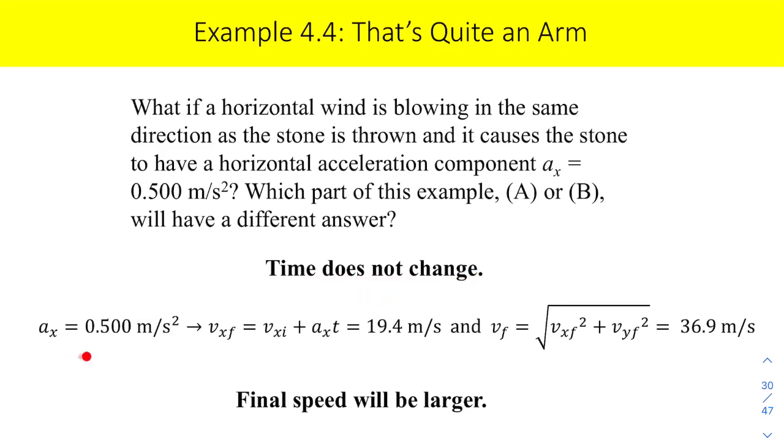Okay, why is it? Let's say we consider the A now, positive 0.5 meter per second squared. So you have this equation, you will calculate your vx final 19.4. By using Pythagoras, okay, this one, you see, there is no effect in terms of time. Time does not change, right?